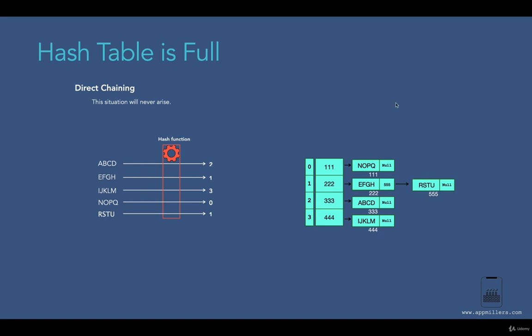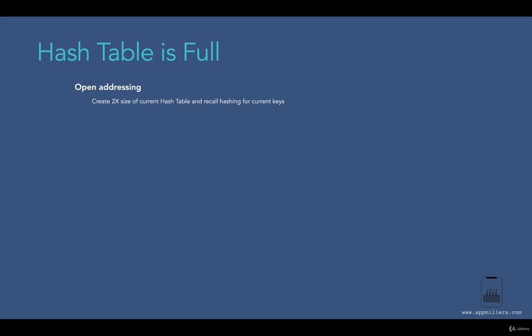This is how it will continue until the end. So we can add as many elements as we want in the direct chaining method. We don't have any limit, so our hash table will not be full. But if I have many elements in the linked list, the time complexity will become O(n).